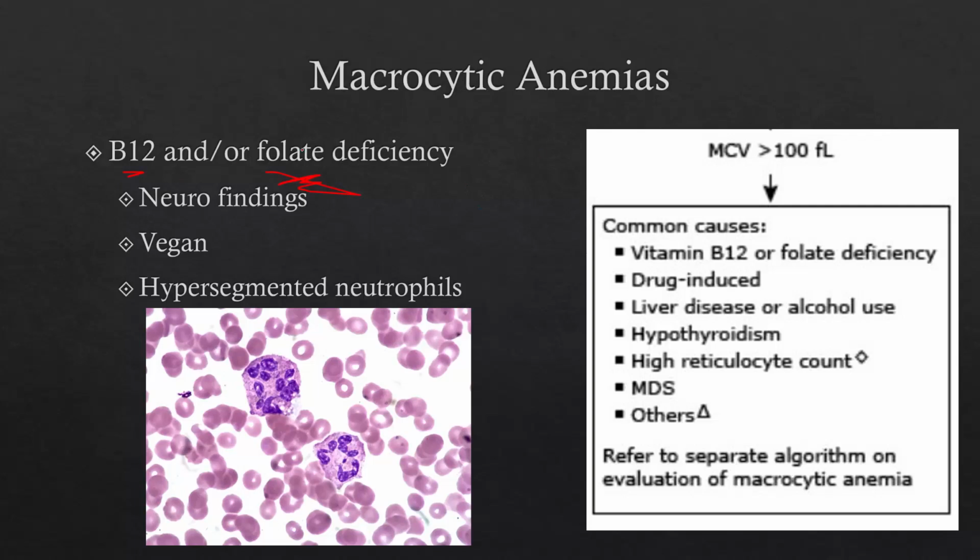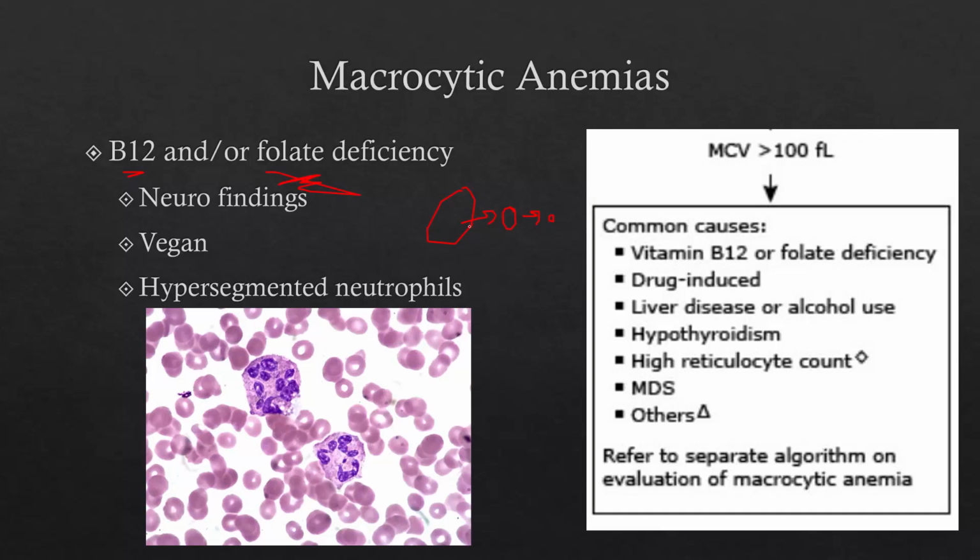The reason this causes a macrocytic anemia is B12 and folate are needed for DNA synthesis and maintenance, right? So if you're low in these, basically what happens is your bone marrow will make RBCs, but because they can't develop, they stay larger and they don't develop into the smaller RBCs that normally happens in the life cycle of an RBC.